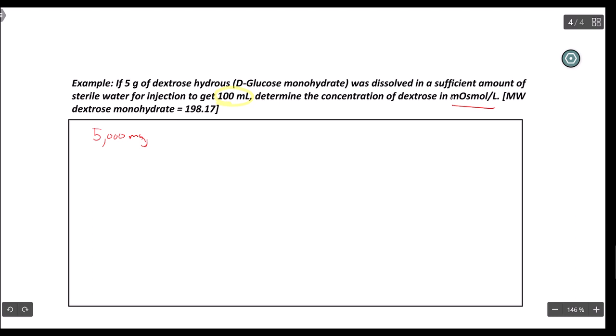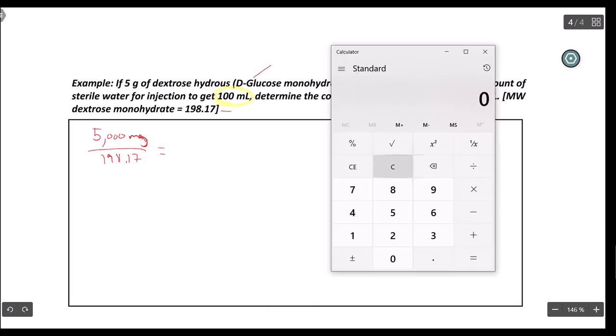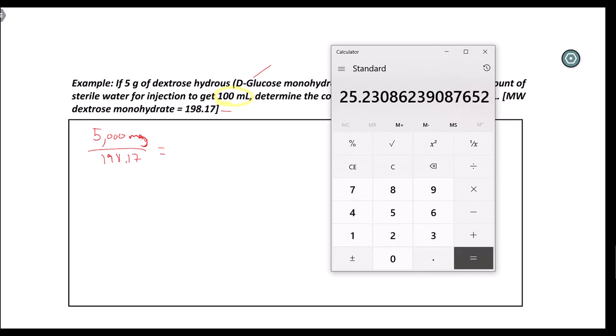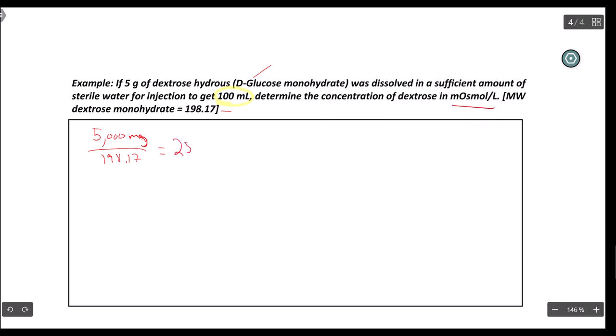If I divide that by its molecular weight, which is given to me, 198.17, I get 25.23 millimoles, the number of moles in milli.